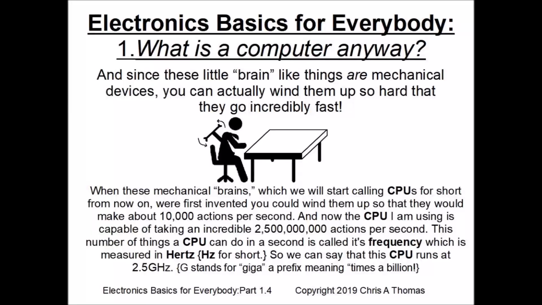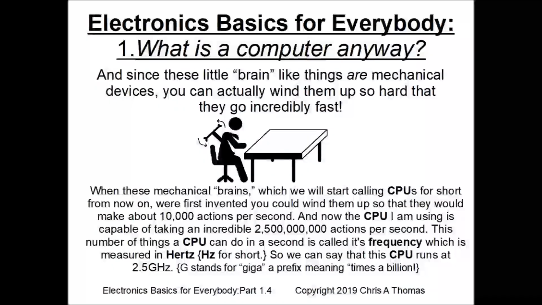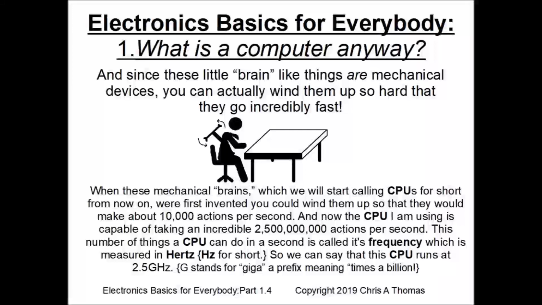But basically, what we will start calling a brain, or a CPU for short, a mechanical brain, when they were first invented, you could wind them up to about 10,000 actions per second, or 10K.